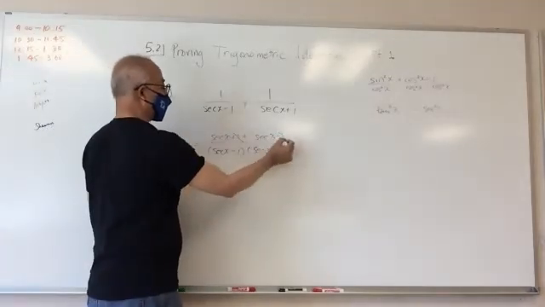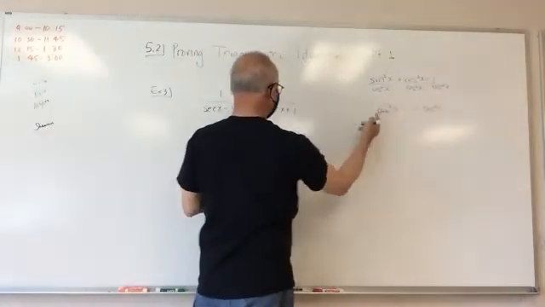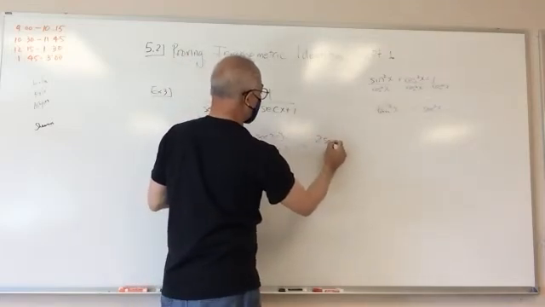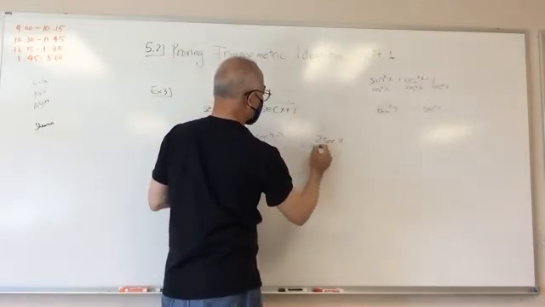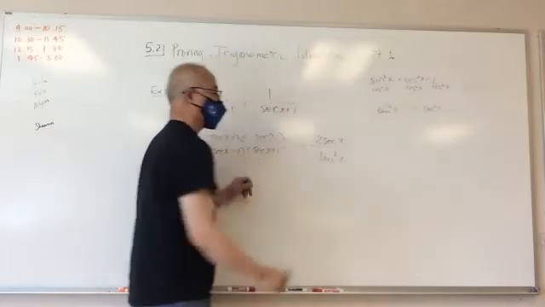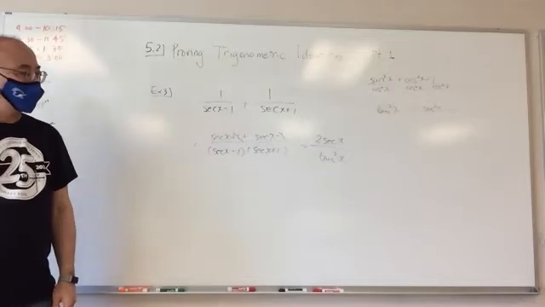These guys cancel out. So on top, I have 2 secant x. On the bottom, I have tangent squared x. Everybody see that? Okay, everybody follow that?